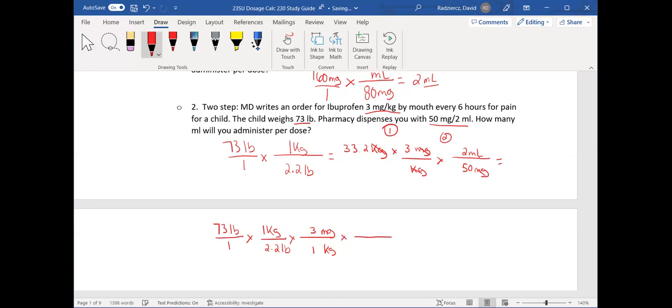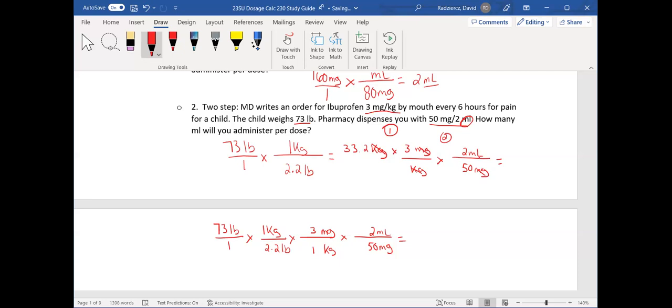And then ultimately, if we're trying to administer a dose and the dose is available in 50 milligrams per 2 ml, the ml tells us that that's what we're looking for. So 2 ml here, 50 milligrams here. And then I can just work it all out.